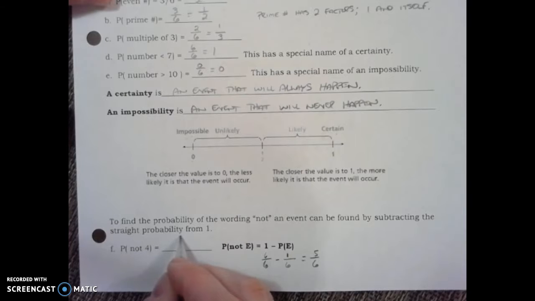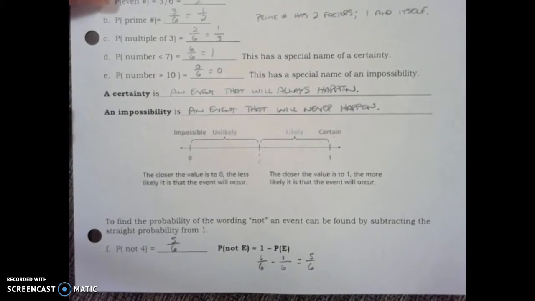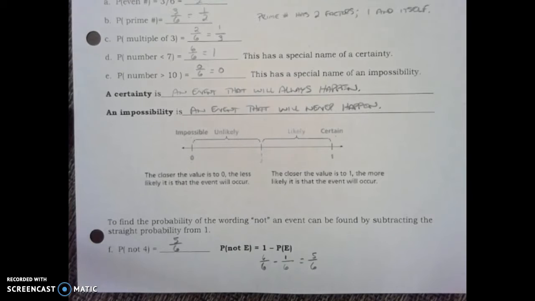And we know that if we can get a 4 on a die, there's only one way that can happen. There's only one 4 out of the 6 possibilities on the die. So to find that probability, it would be 6 out of 6 minus 1 out of 6, which is equal to 5 out of 6. And that makes sense because there are 5 different numbers on a die that are not a 4. So the probability of not getting a 4 on a die is equal to 5/6.